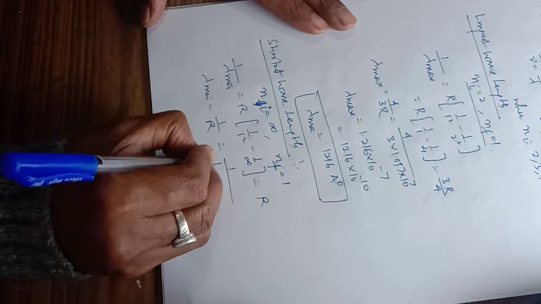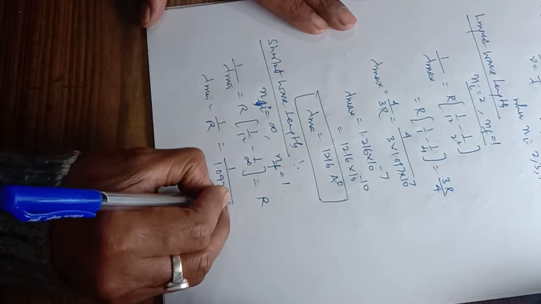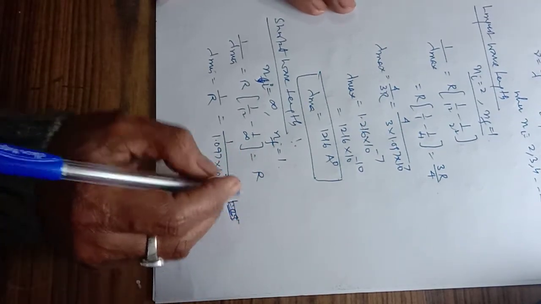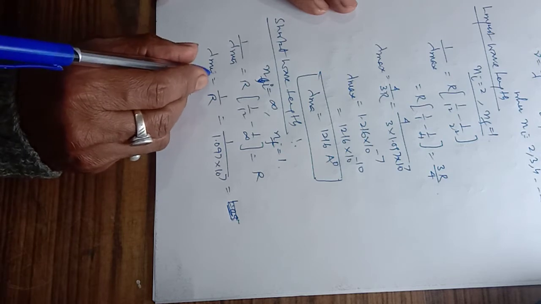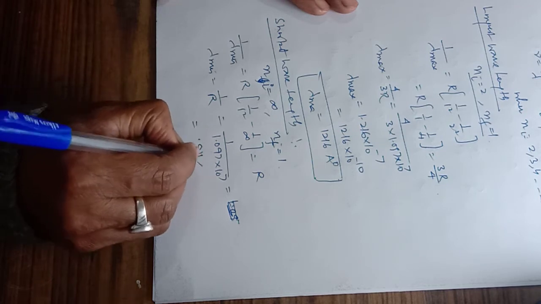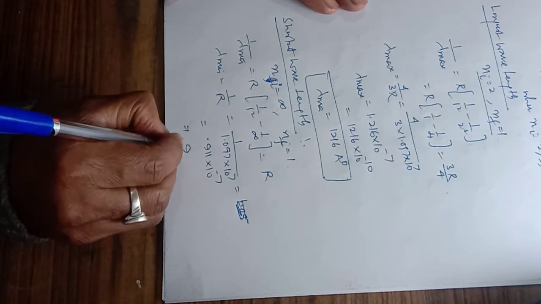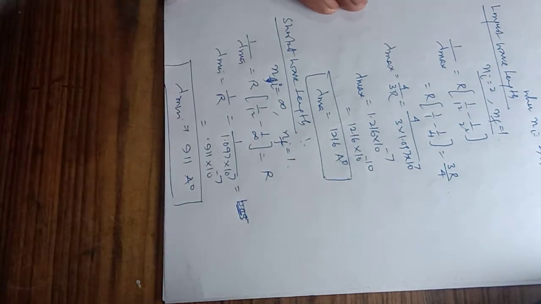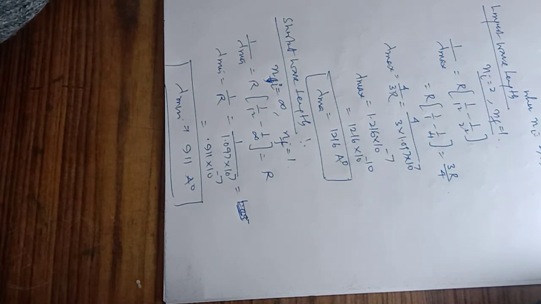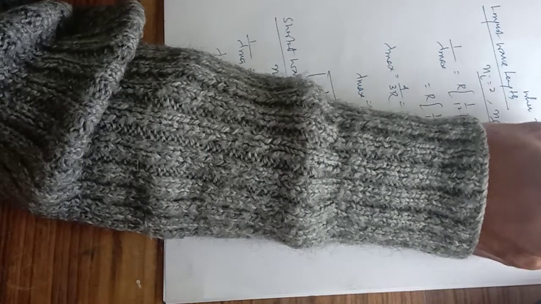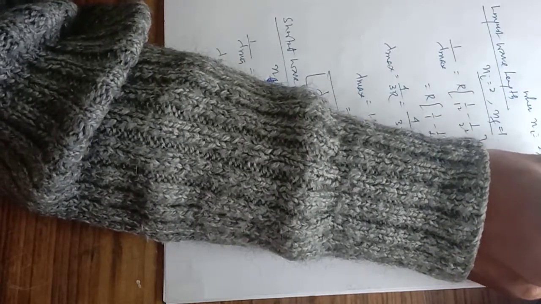So it is 1/(1.097 × 10^7), that is 0.911 × 10^-7 m, or 911 angstrom. It is the minimum. And this region is the ultraviolet region.